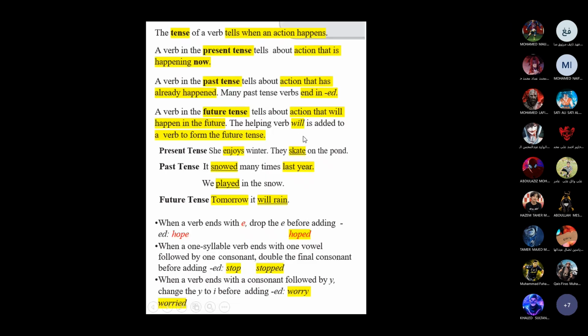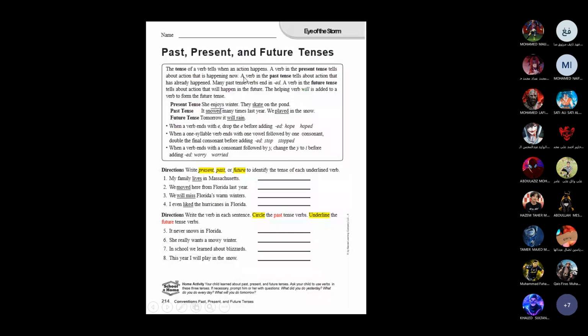Okay, so right now, guys, as you see, we have page 214. I want you to solve this page by yourselves and send it through the WhatsApp group, to check your answers. First of all, you have to read the head of the question, and this is very important. Write present.